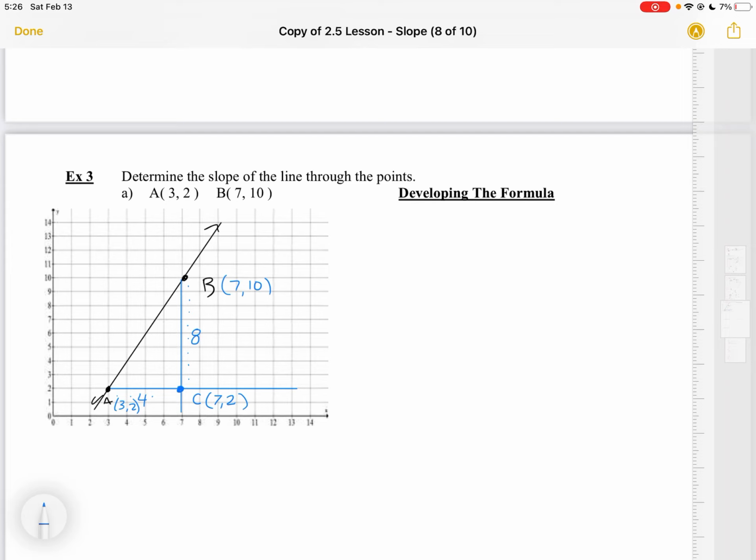So if I wanted to get to 4, I can take away the difference in my x coordinates. If I wanted to get to 8, I can take away the difference in my y coordinates.